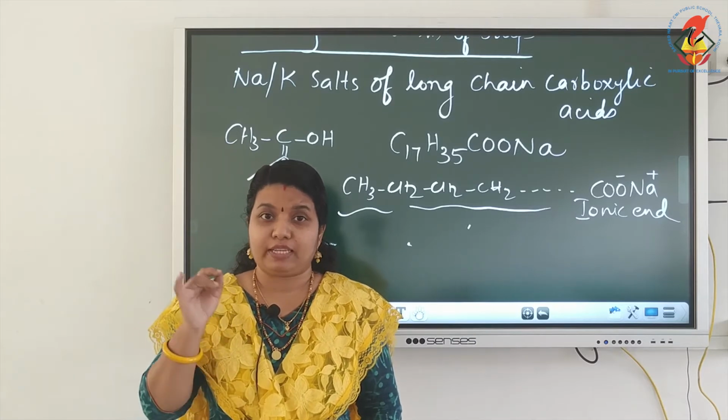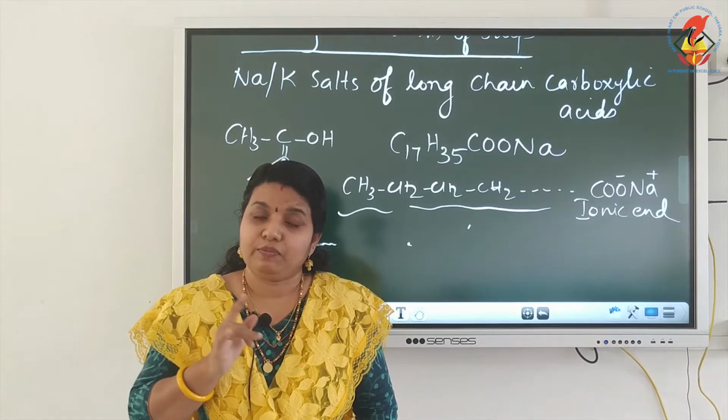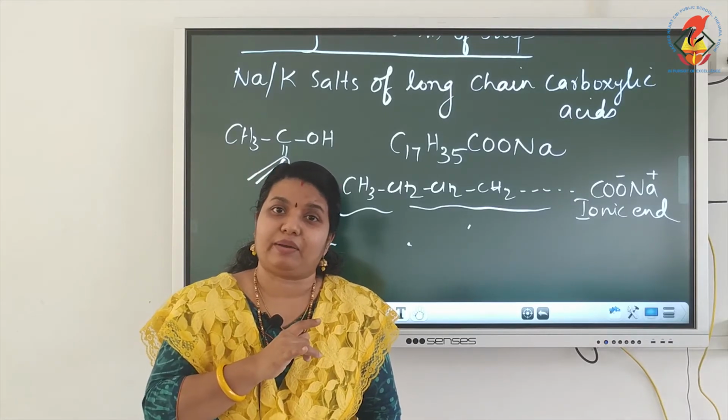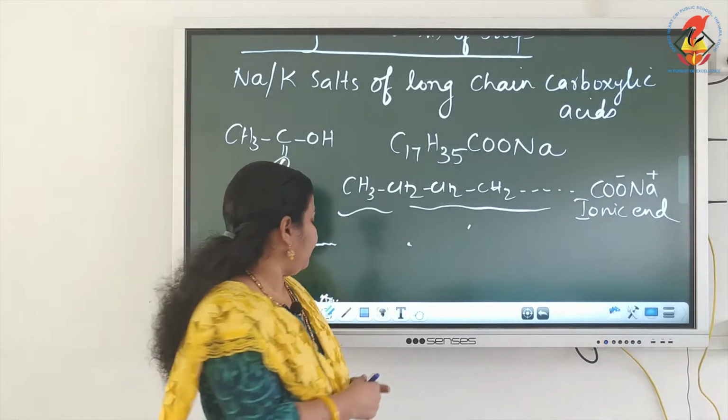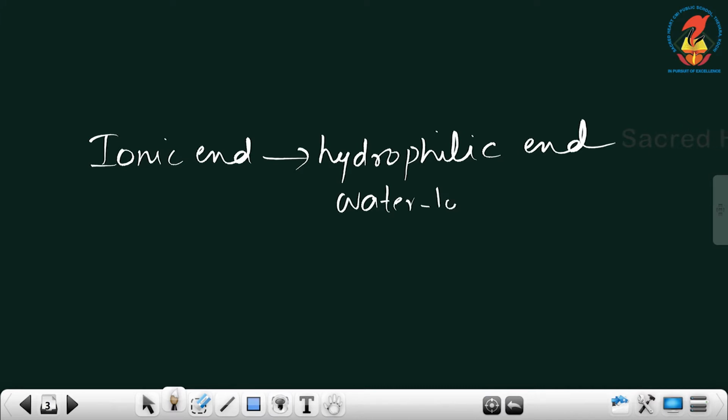Soaps are sodium or potassium salts of long chain carboxylic acid which has an ionic end and a hydrocarbon chain. So soap has two ends. The ionic end which we call the hydrophilic end, the water loving end. This will have an affinity towards water.